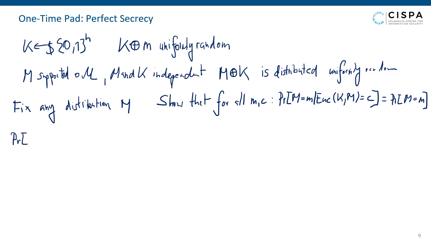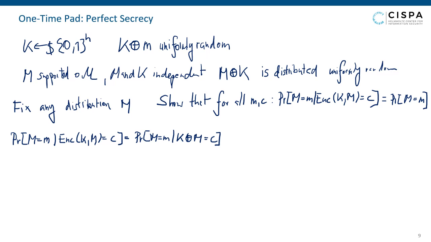So probability of M equals m conditioned on enc_k of M equals c. Well, let's first plug in the definition of our encryption algorithm. This simplifies things already a little bit. This is the same as probability M equals m conditioned on k XOR M equals c.